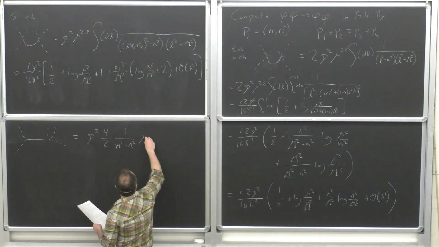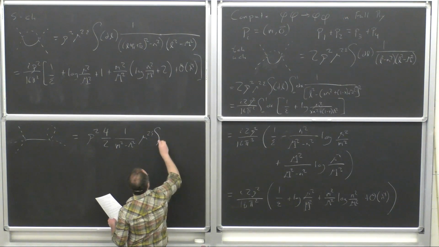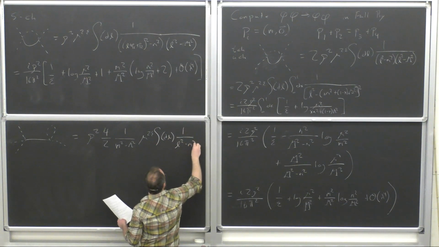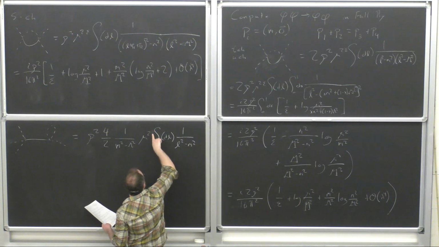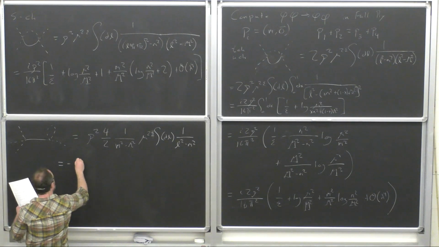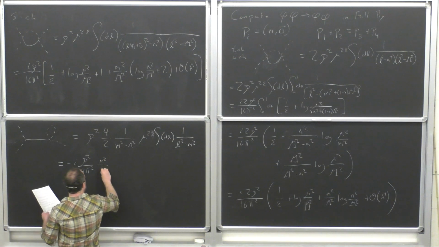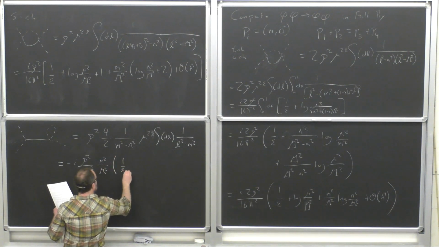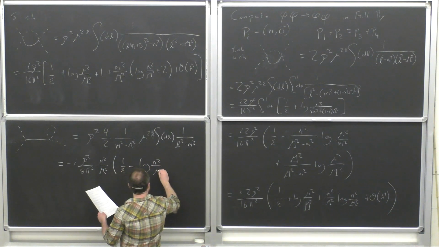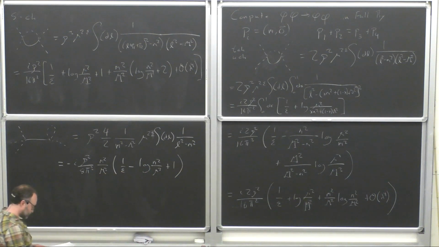And then the loop, which gives you mu to the 2 epsilon integral dl 1 over L squared minus M squared. And this is straightforward to evaluate. You get minus i rho squared over 8 pi squared, little m squared over big M squared, 1 over epsilon minus log M squared over mu squared plus 1. Okay?